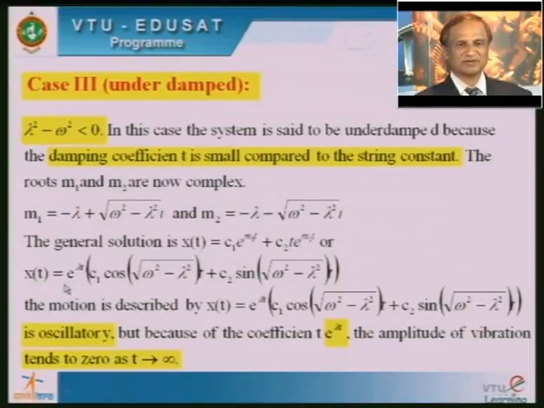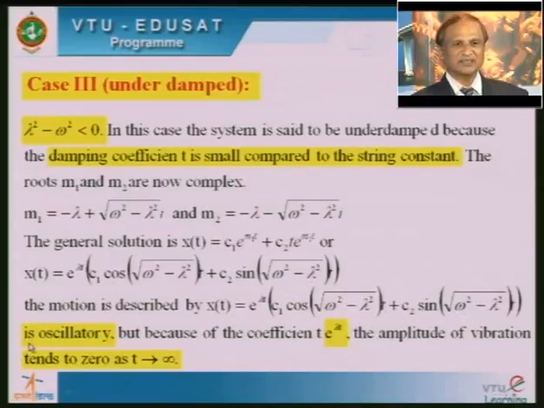We can write it in this form: e to the power minus lambda t into C1 cos of square root of omega square minus lambda square into t plus C2 into sine of square root of omega square minus lambda square into t. Is it clear? The motion is described by x of t is equal to this, right? So, the motion can be described by using this equation, right?